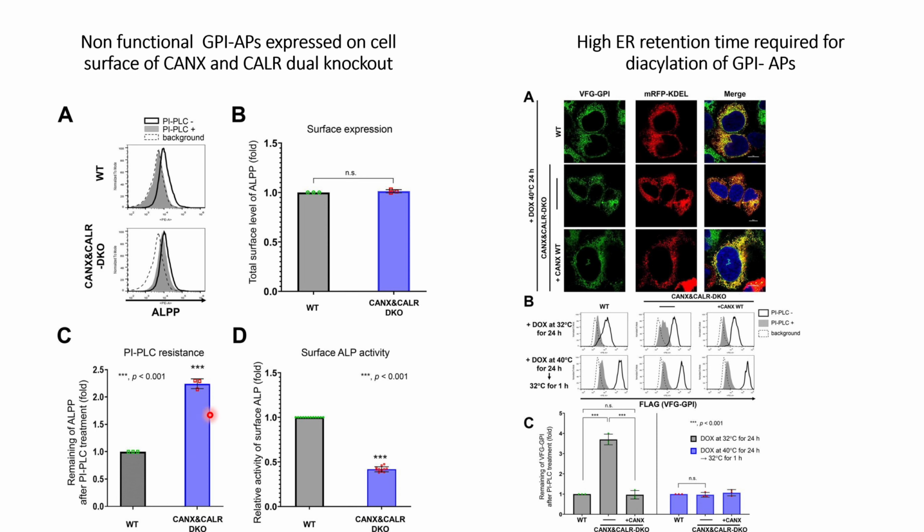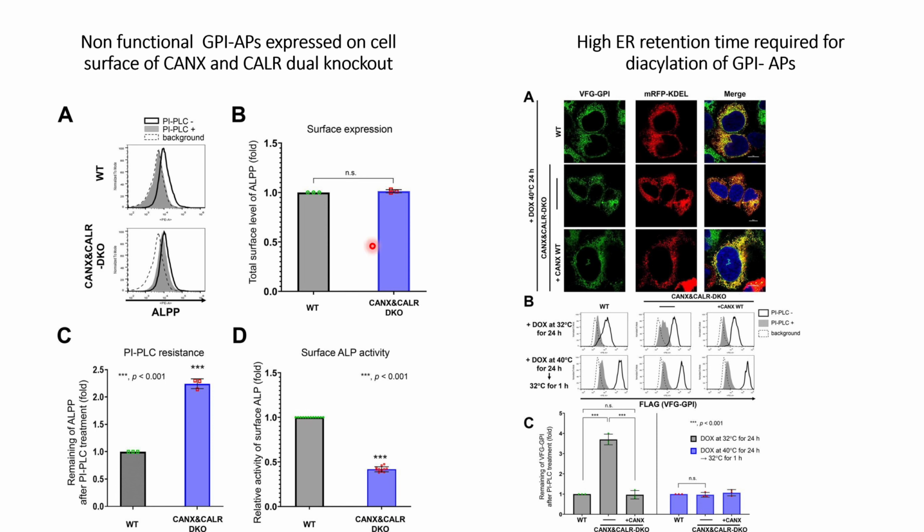and is statistically significant. However, when they check the expression of this ALPP, they can see that there is no difference between the wild type and the dual knockout GPI-APs expressed on the cell surface. But when they check for the activity of this ALP, they can see that the activity is statistically lower in the case of dual knockout compared to the wild type.